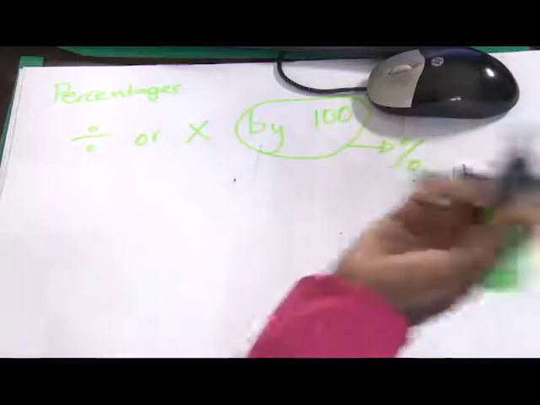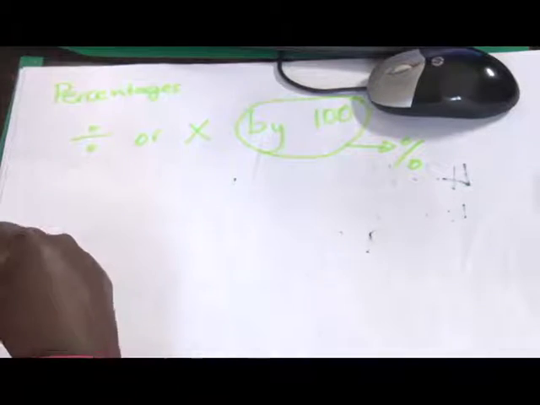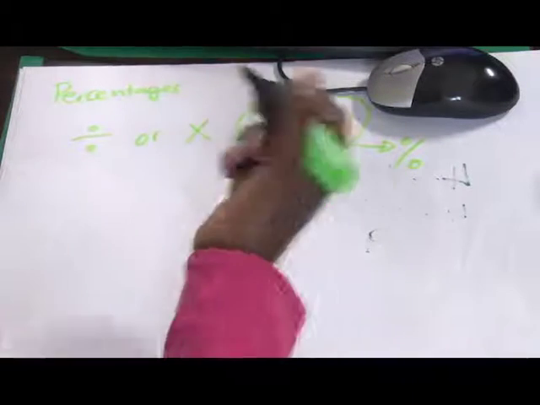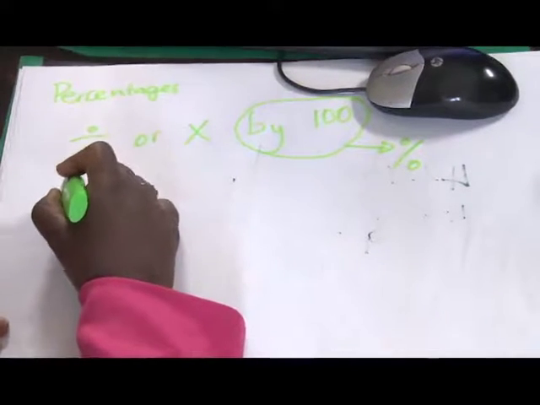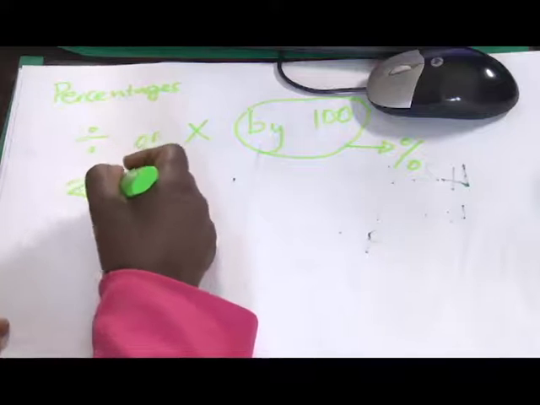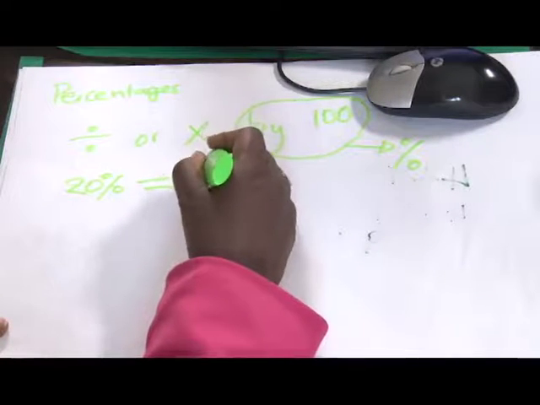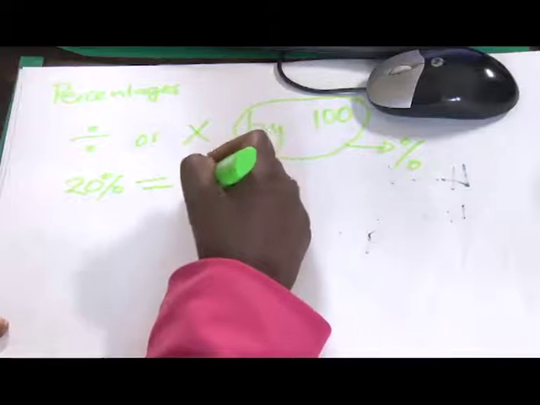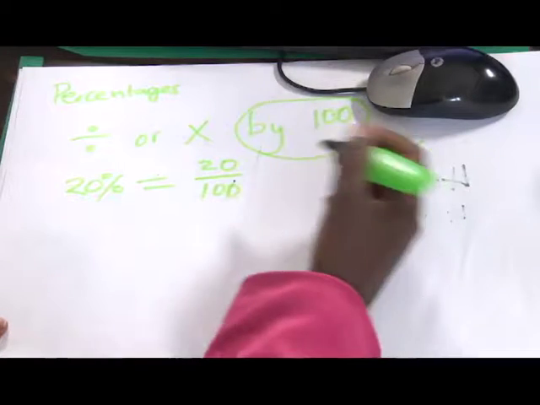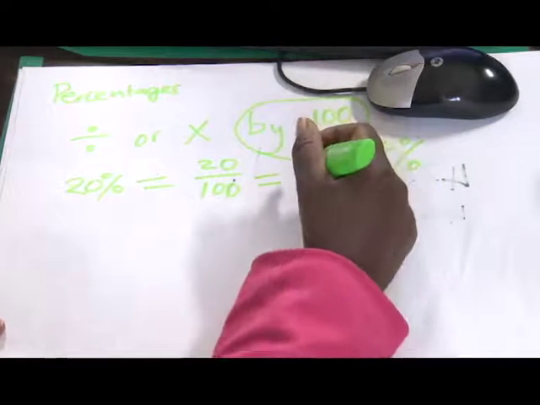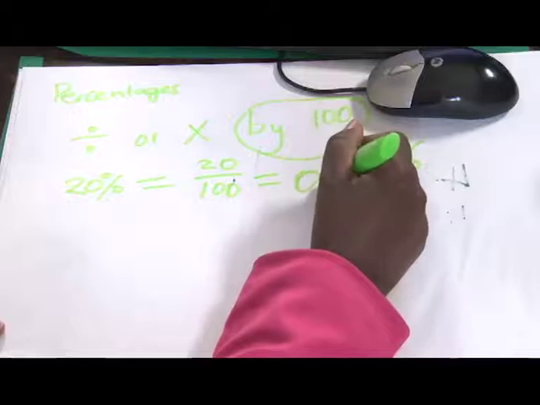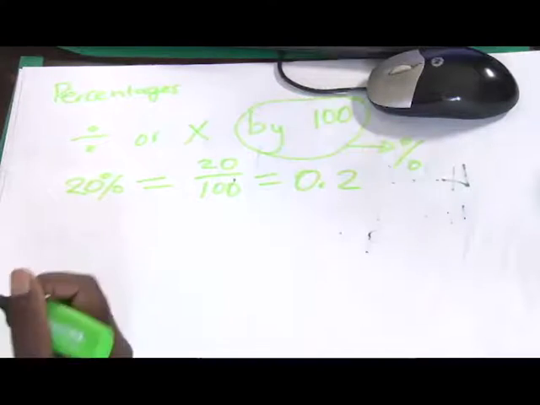That is really what percentage is all about. Here we have an example. You can write a percentage as a fraction. We have 20%, which we can write as a fraction, which is 20 divided by 100, or we can write it as a decimal fraction, which you can say is 0.2.